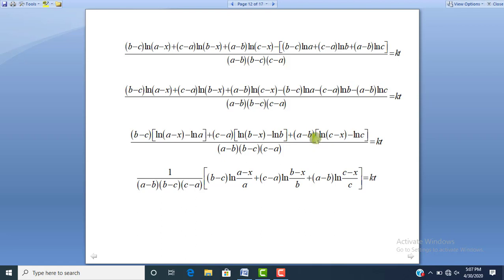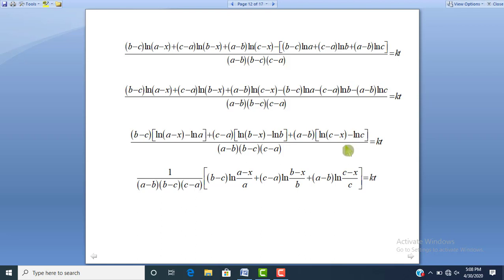According to laws of logarithm, this equation can be rearranged as following: b minus c into log natural a minus x minus log natural a. This is log natural a, which I have written at the start, this one. Similarly, c minus a natural log b minus x minus log natural b, plus a minus b into natural log c minus x minus log natural c.